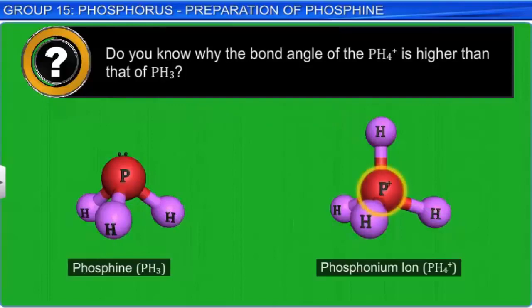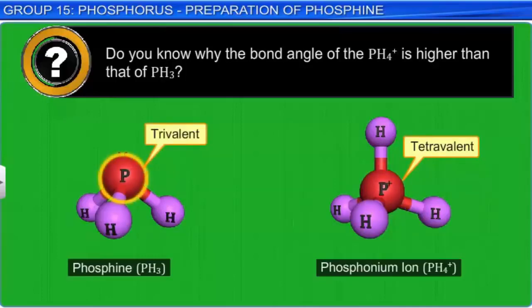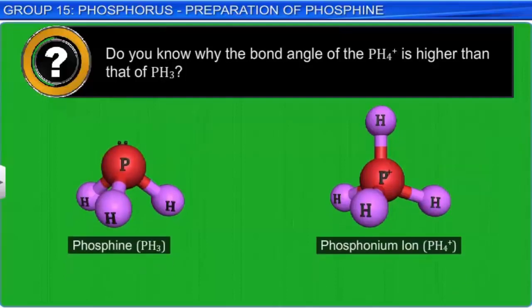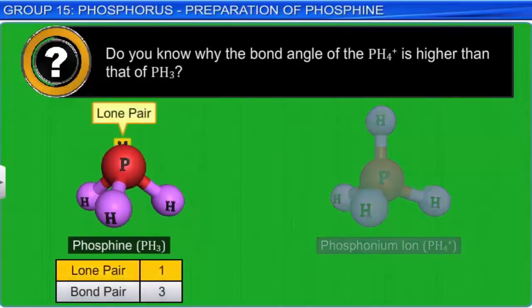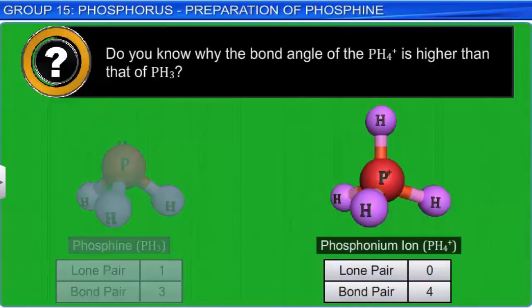The central phosphorus atom is tetravalent in phosphonium ion and trivalent in phosphine. This indicates that there are 1 lone pair and 3 bond pairs in phosphine, while all the 4 are bond pairs in phosphonium ion.